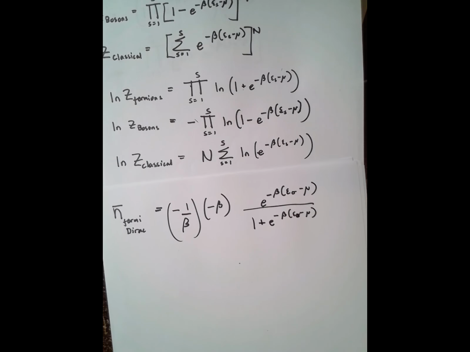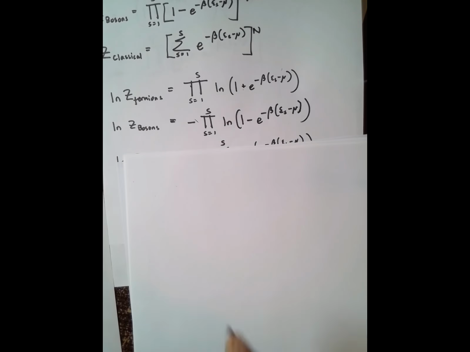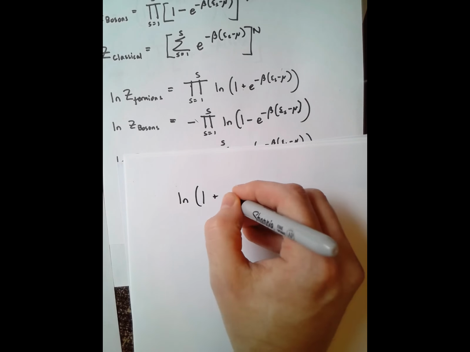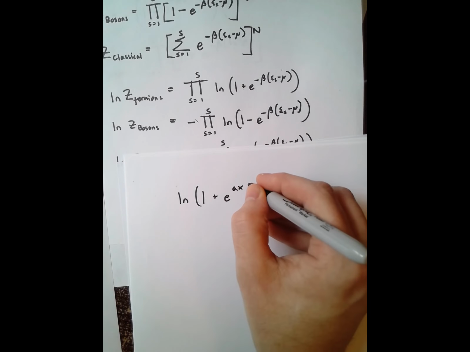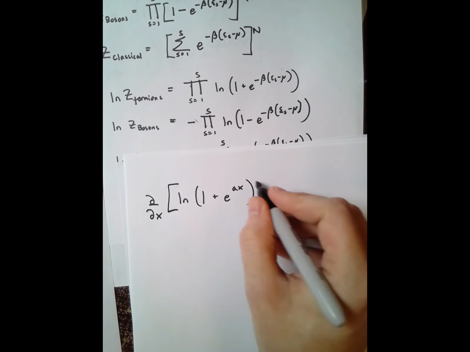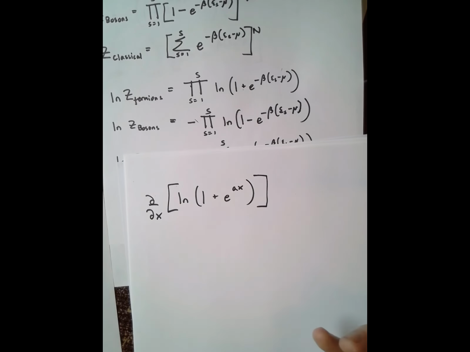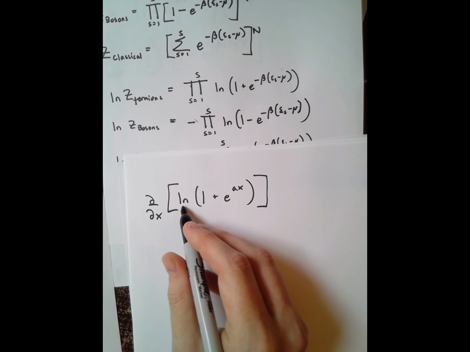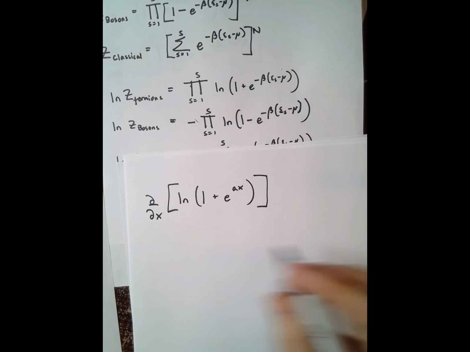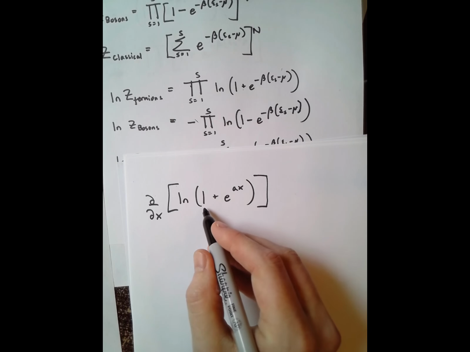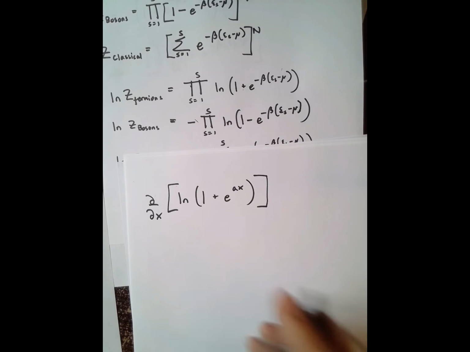Okay. Now, if you didn't get that, it may be easier to just look at a slightly simpler example. If I differentiate this with respect to x, what do I get? Well, I firstly differentiate the logarithm. We're essentially using the chain rule here.